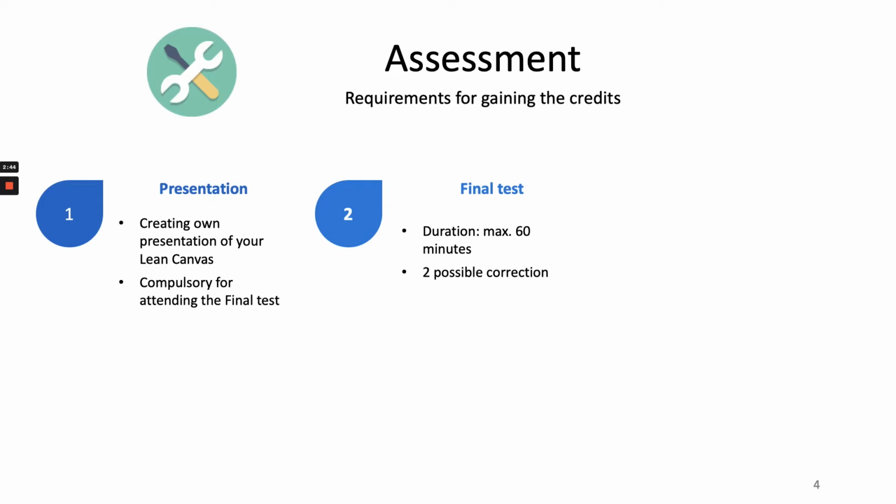So the final test is 60 minutes, with 2 possible corrections. The test will be done through Moodle, which is a website software which allows me to create a test for you, and I'll publish some dates for the final test in January and February and so on.